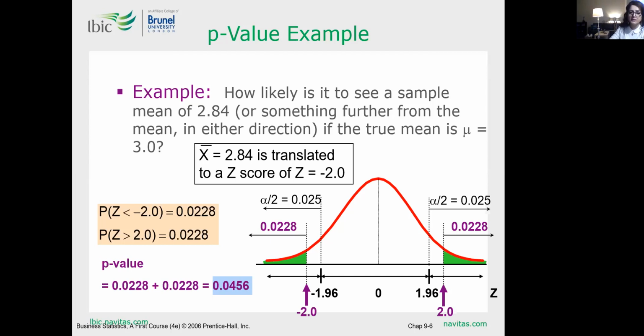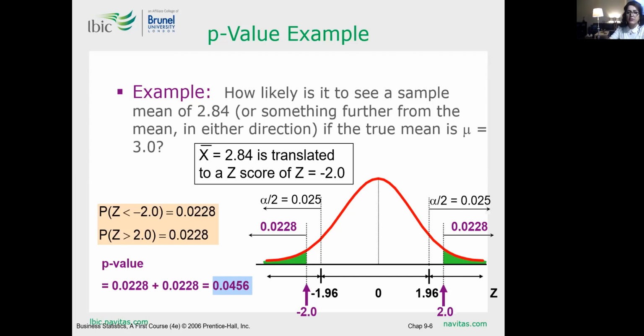We want to see the probability of the z-score being less than -2 or greater, so we are looking for the extremes.